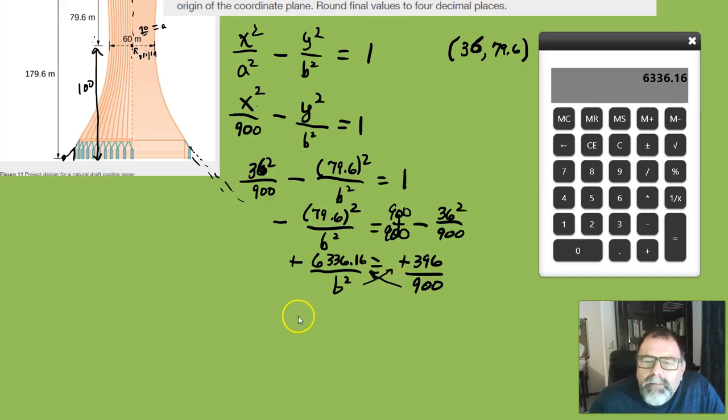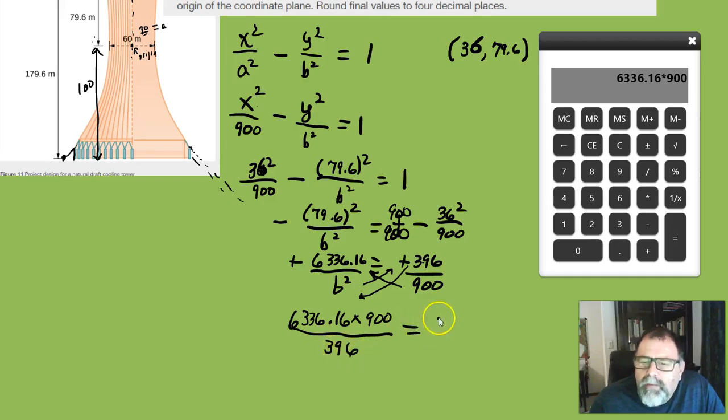So I get 6336.16 times 900 divided by 396. That'll equal b squared, which is 14,400.3636, and so on.